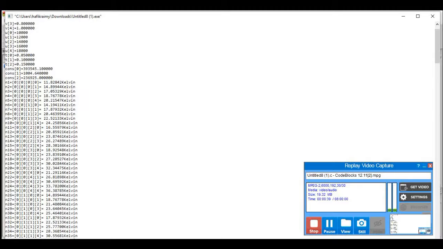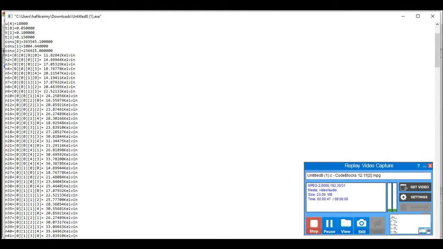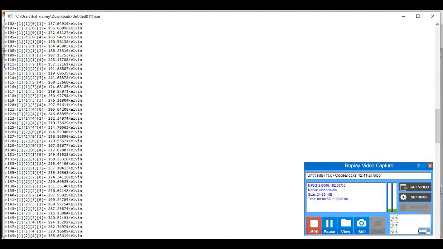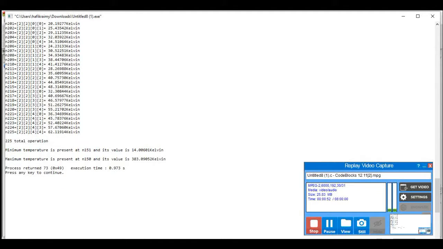The 0000 means the location of the results. As you can see, these are all the values up to 225, which is this result, 62 Kelvin, the temperature. So this is the 225 total operation.